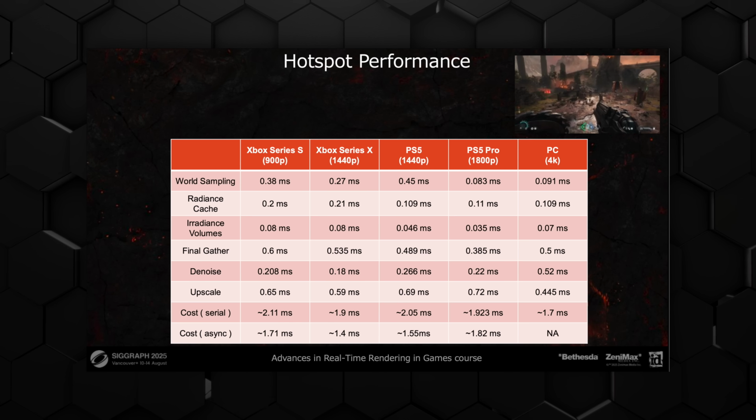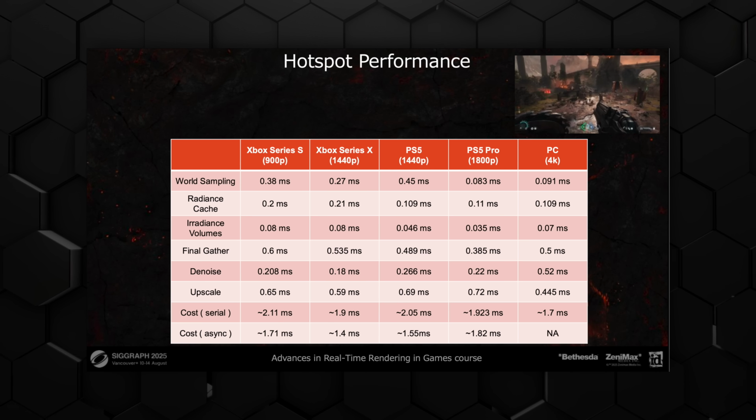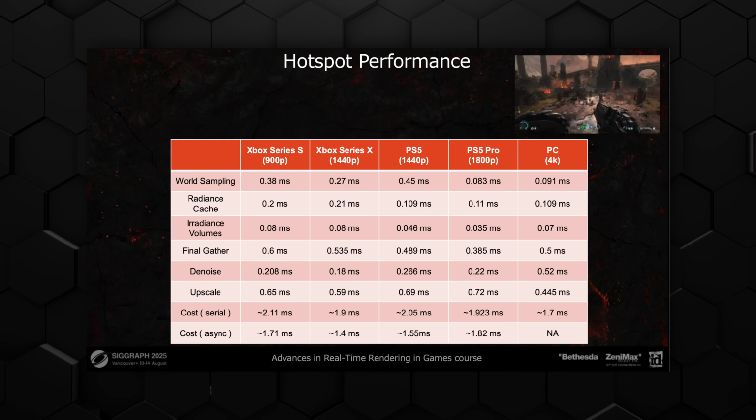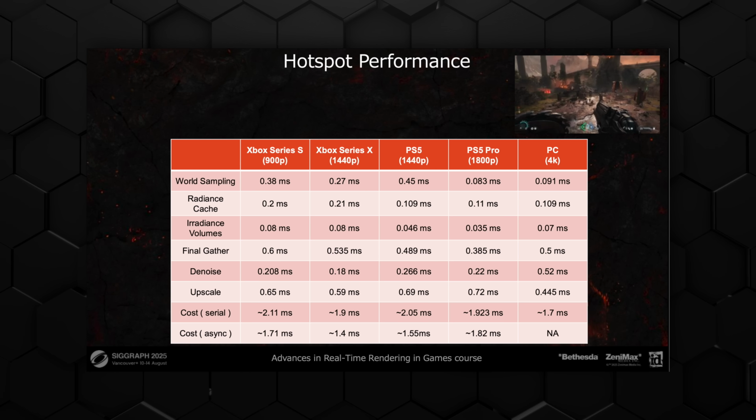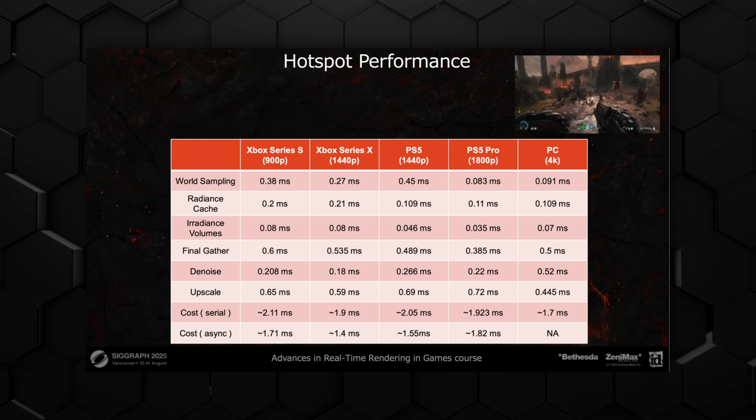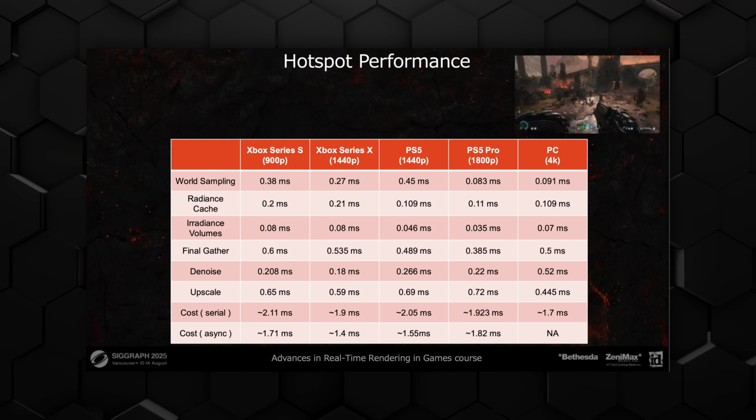The linear cost without async compute is interesting, but the async compute cost in the end is actually interesting, because you see a roughly 10% Xbox Series X speed improvement over the PlayStation 5.